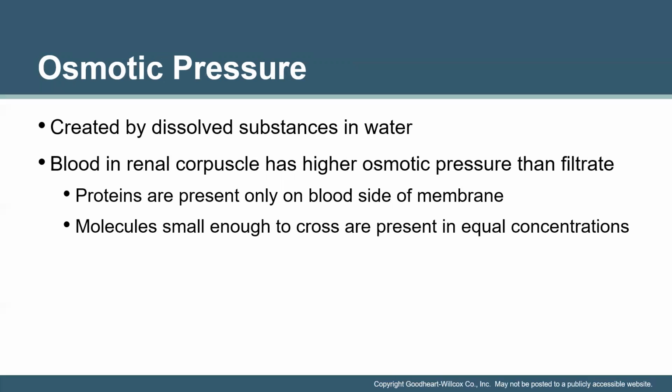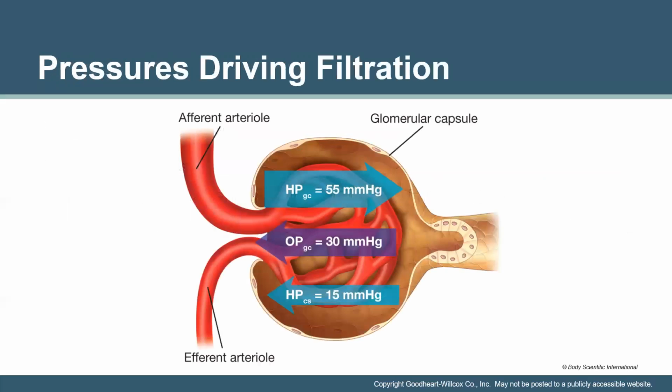So the blood in the renal corpuscle has higher osmotic pressure than the filtrate does. The proteins are present only on the blood side of the membrane, or should be. This is why, with large amounts of protein in urine, we know something's up with membranes within the kidney. Molecules that are small enough to cross are present in equal concentrations.